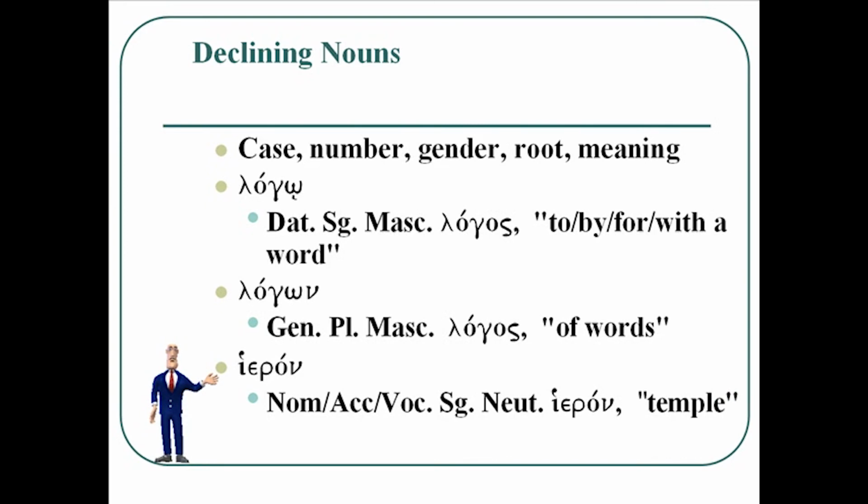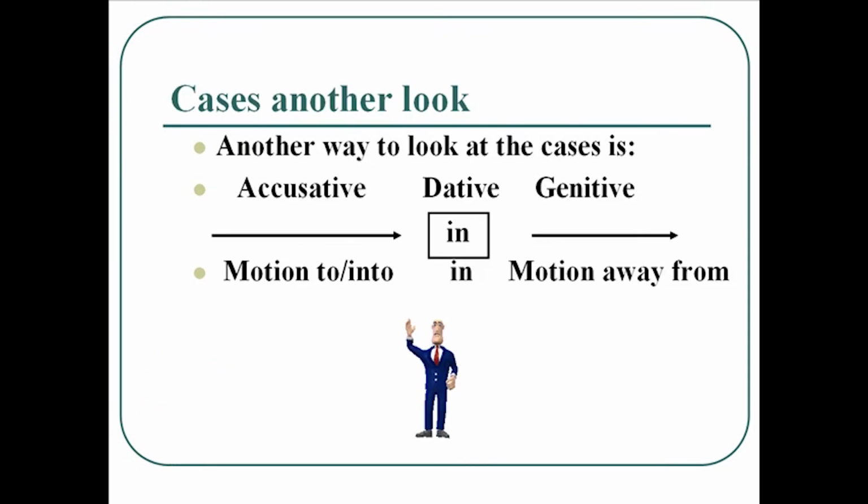These declensional forms will be worked over thoroughly in the workbook. Here's another way just to go back and look at the case from a different perspective. The accusative kind of approaches the object. The dative is kind of in, and the genitive moves away.